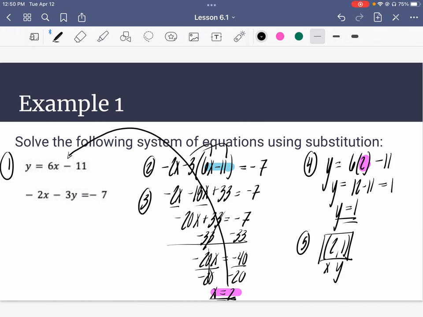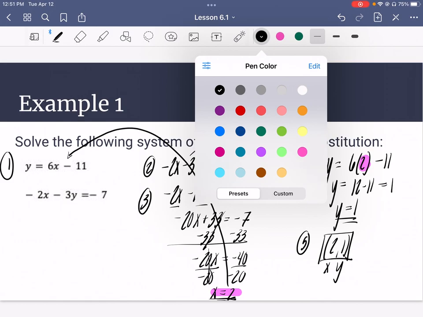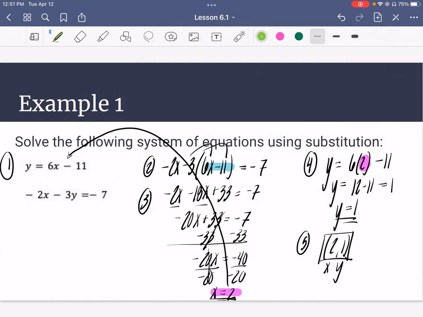Now, if we were going to check, like I told you guys, we're not going to ask you to do this every single time, but what that means is we have to plug this solution, (2, 1), into both equations. So I'm going to just do that up above here. I'm going to plug in 2 for all of my x's, and 1 for all of my y's, and see, do they in fact satisfy both equations?